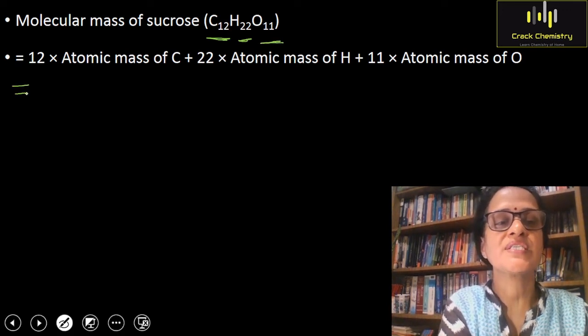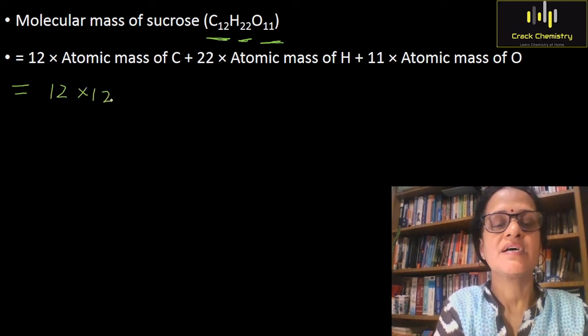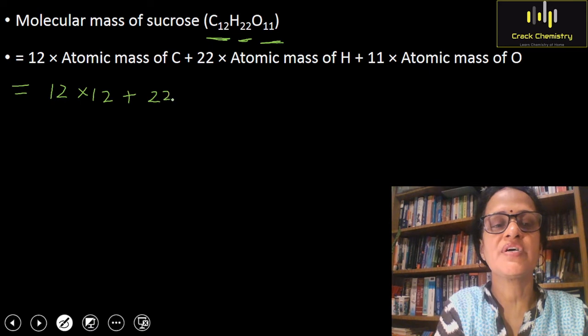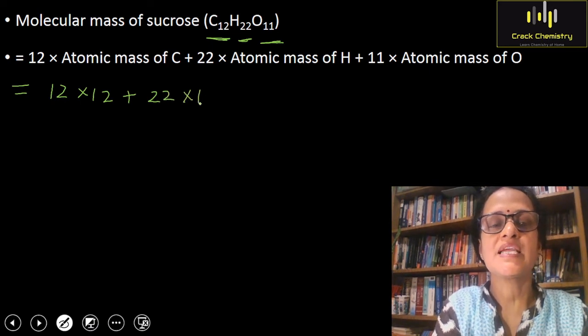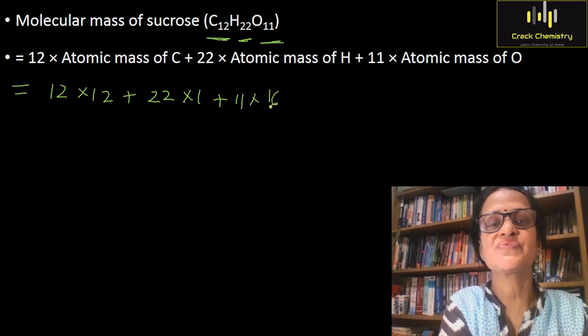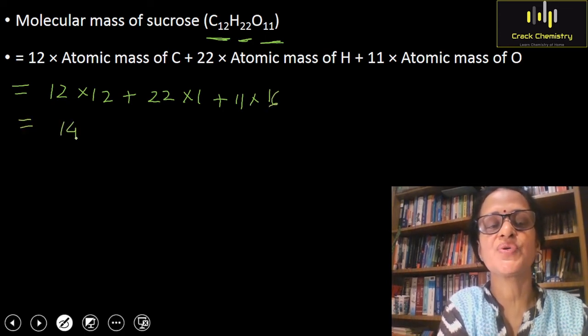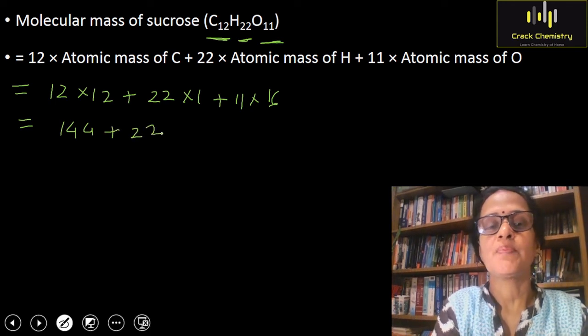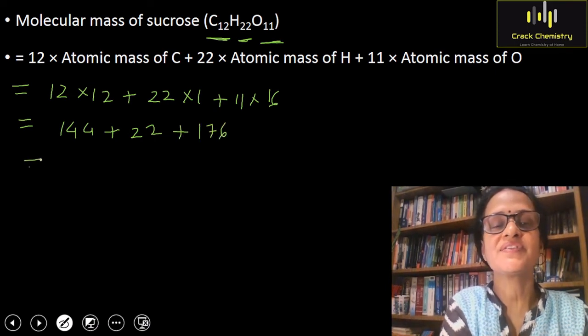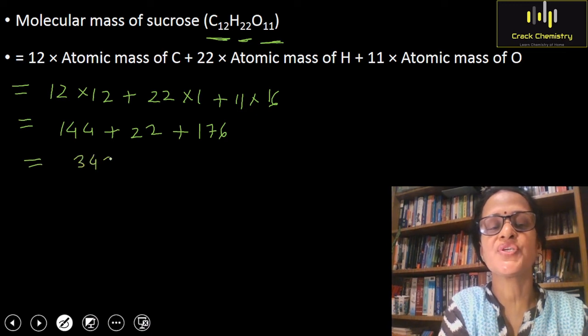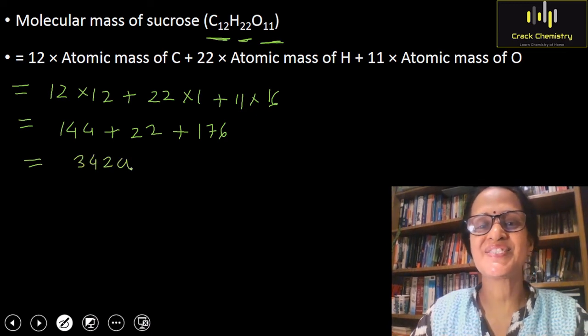So we will write here 12 into atomic mass of carbon, which is 12, plus 22 into atomic mass of hydrogen, which is 1, plus 11 into atomic mass of oxygen, which is 16. On calculating this, we will get the answer 12 into 12 is equal to 144, plus 22 into 1 is equal to 22, plus 11 into 16 is equal to 176. On calculating this, we will get the answer 342 U. So I hope it is clear to you.